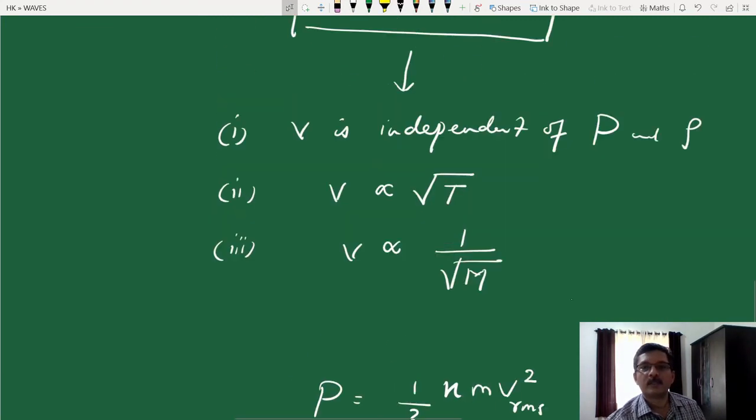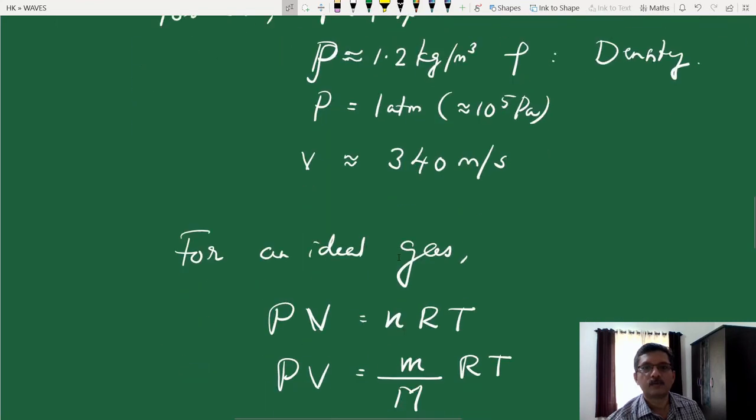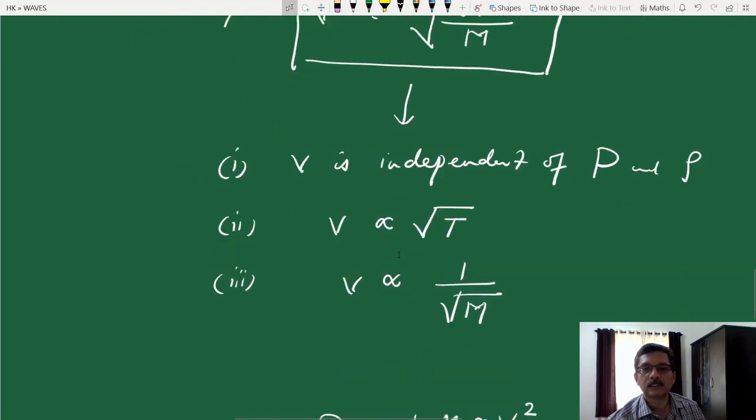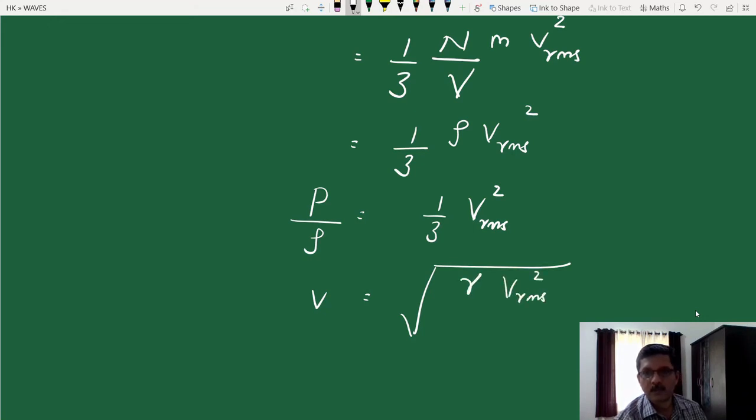Remember that the original expression contains pressure by density. So the speed of sound in a gas column we can write like this. V is equal to the square root of gamma times P by rho. P by rho is this Vrms square divided by 3.